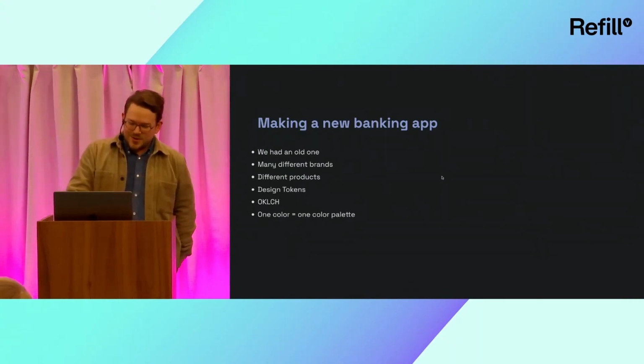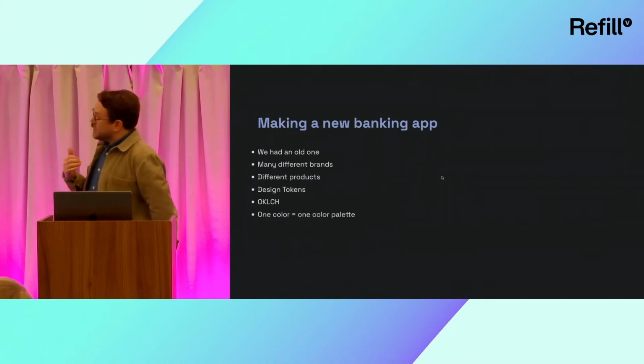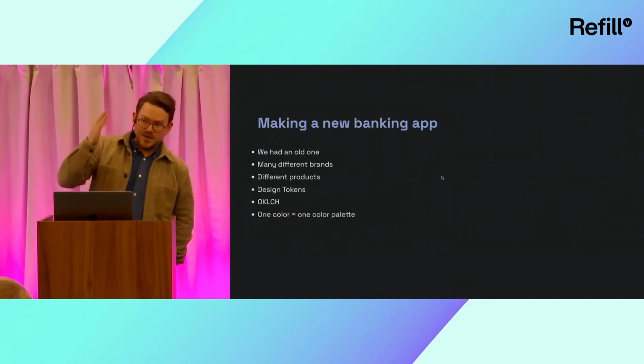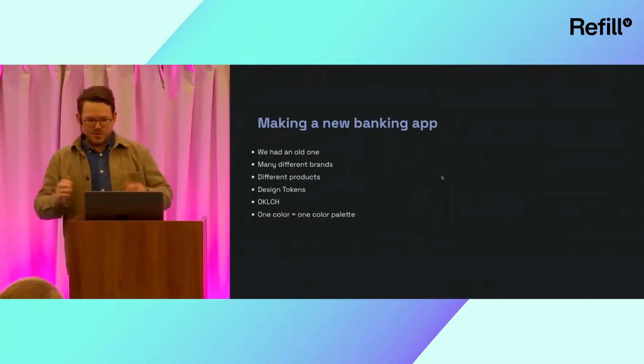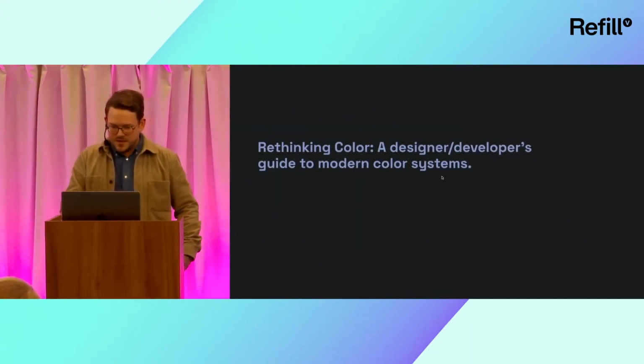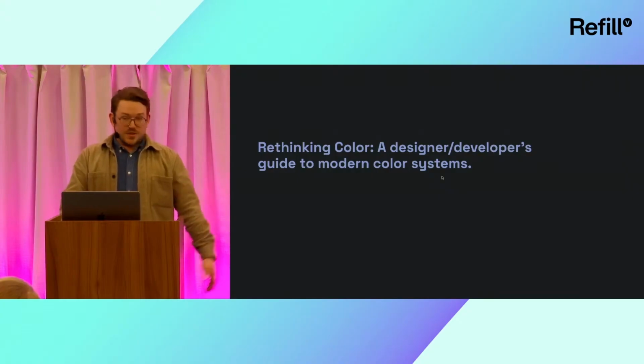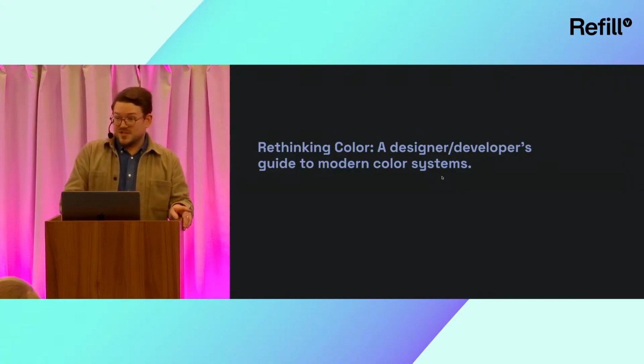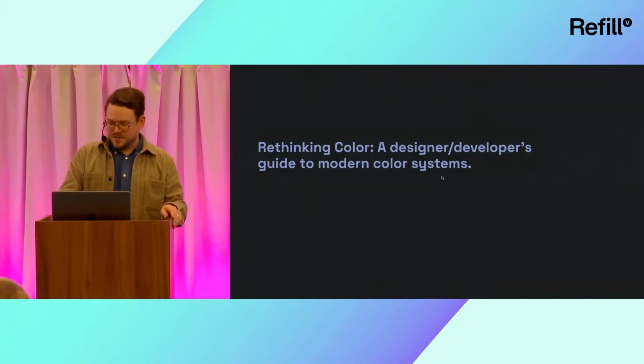One lofty goal was to have one color be one palette or a set of swatches to make theming easier. So this is my talk, how to perhaps change how we use colors in web development or just design in general.